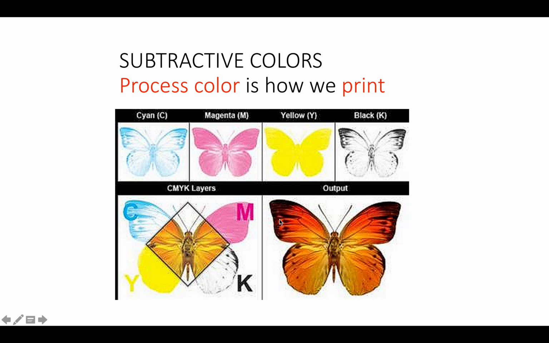And if we look at this diagram here, you can kind of see an example of how a four-color process works. So when we're printing on a press, we usually create screens, or we call them burning a screen, similar to screen printing for t-shirts and posters.